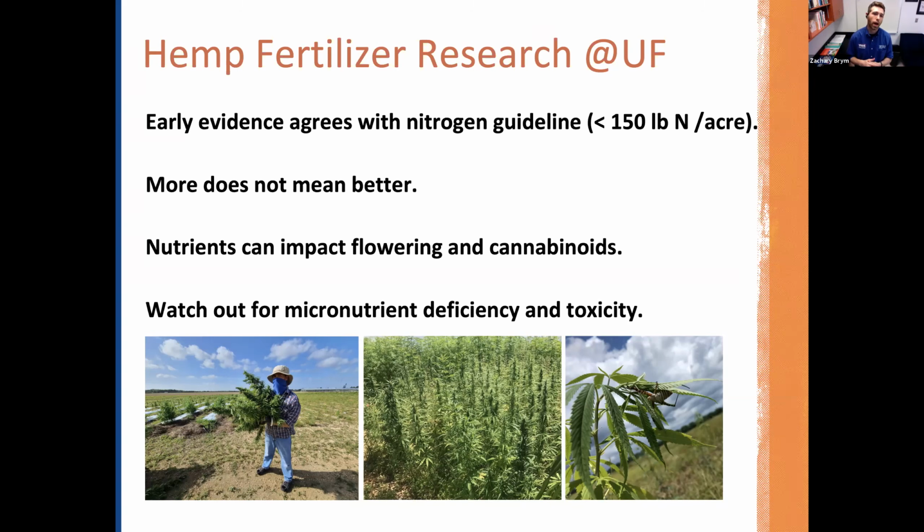We also saw that nutrients can delay flowering. So more nitrogen than the 50 pounds to 100 pounds and greater may have pushed back flowering as much as 2 weeks. In the highest rates as well, that 200 and 250 pounds of nitrogen out in the field in Homestead, we saw manganese toxicity.